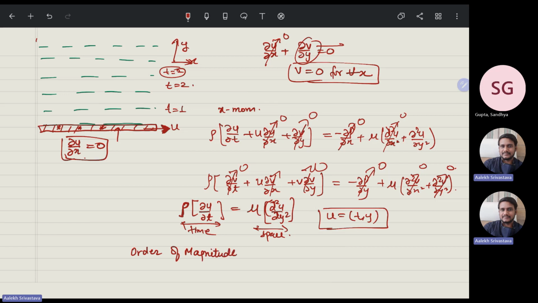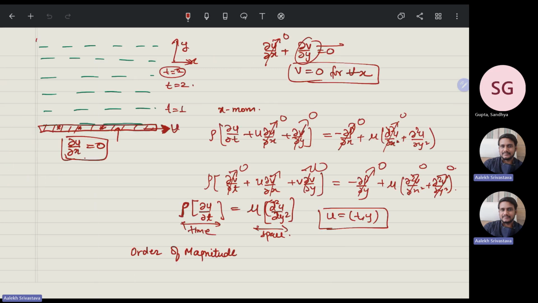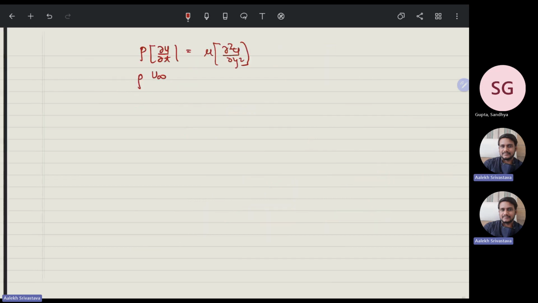Suppose the equation is like this: rho del u by del t is equal to mu del 2 u by del y square. The order of magnitude says that the maximum velocity you can possess is u infinity, suppose the plate is moved at u infinity.